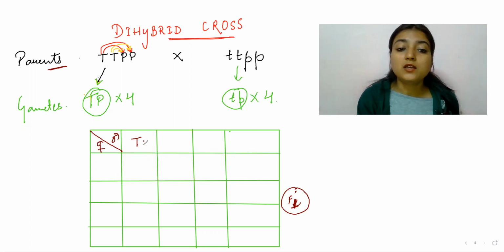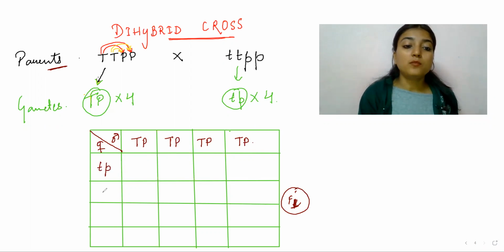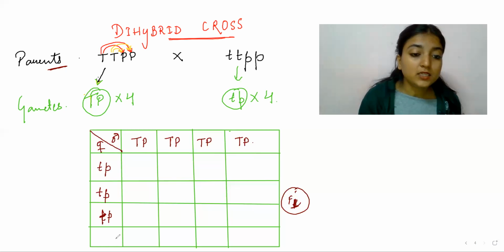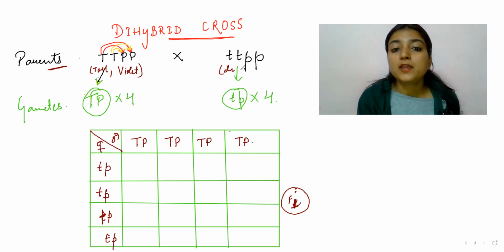Now the gametes are TP, the dominant forms of tall and violet, and the recessive form of dwarf and white. Okay, if you want to write over here, you can also write that we are taking the 2 characters, tall and violet. Here it will be dwarf and purple.